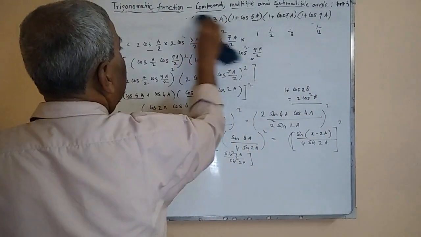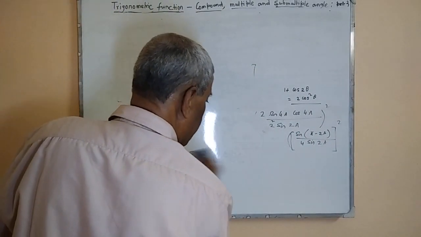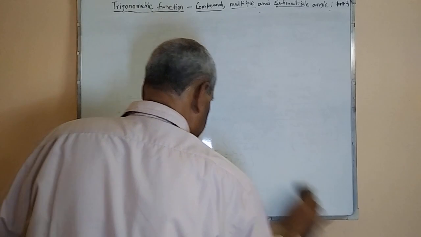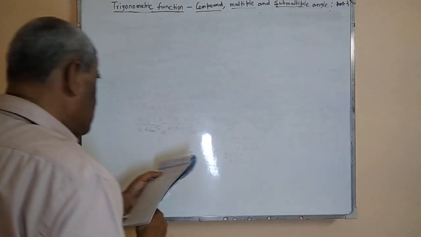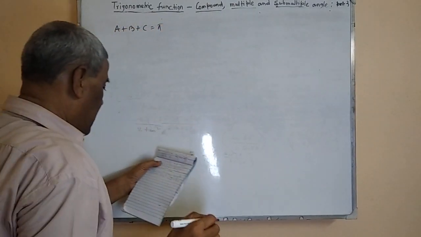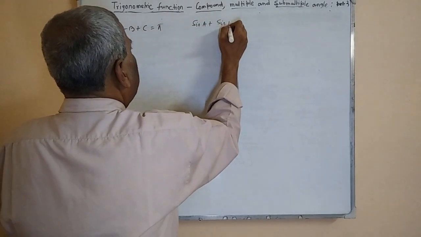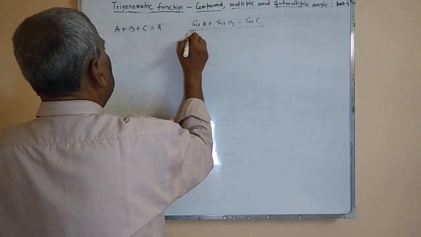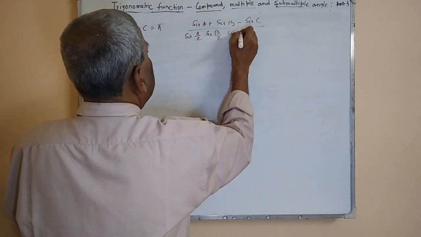Next problem. If A plus B plus C is equal to pi, then the value of sine A plus sine B minus sine C divided by sine A by 2, sine B by 2, sine C by 2.